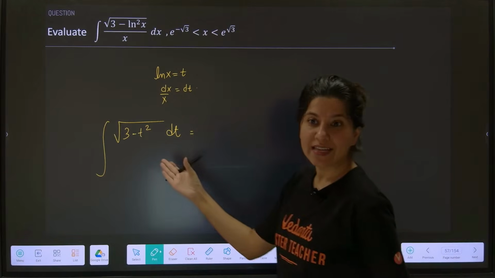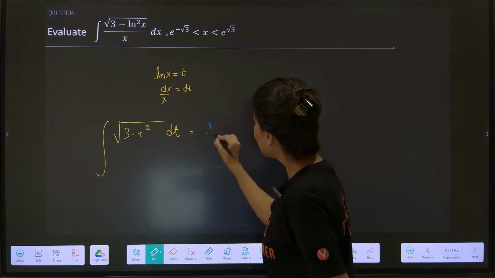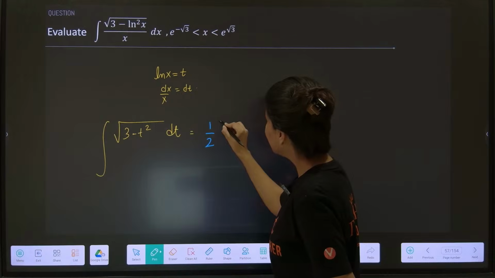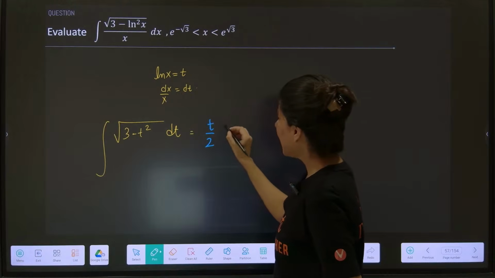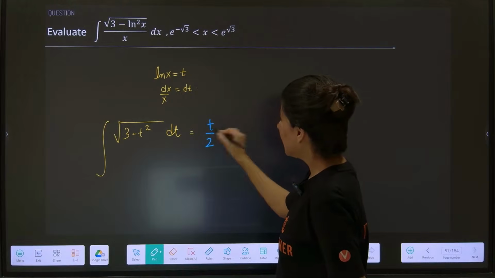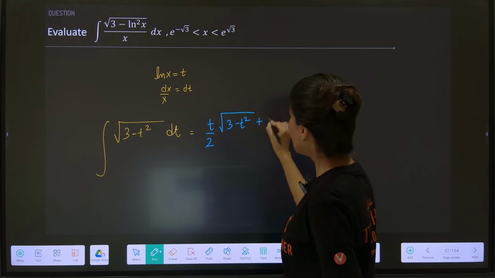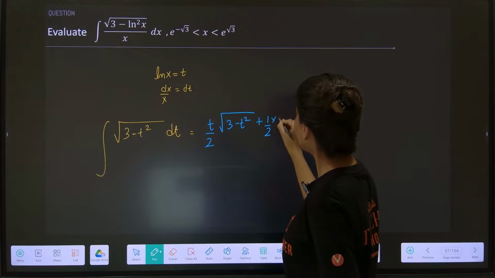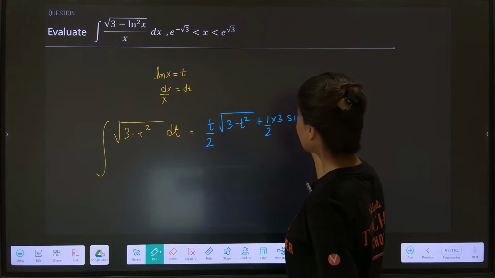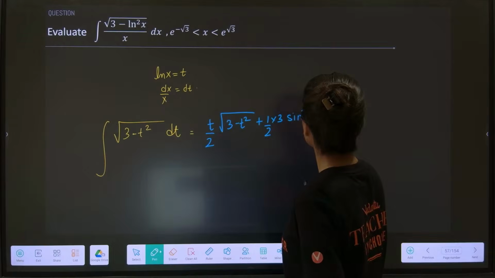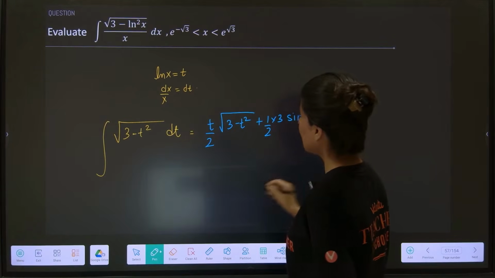The formula is that sine inverse. Okay. So 1 by 2 t, and then we have copy paste, plus 1 by 2 a square, and same old sine inverse. Now put the value of t.